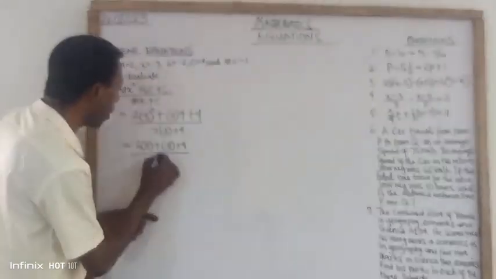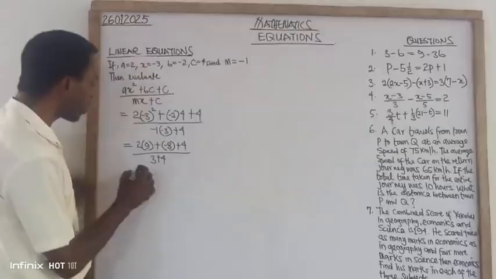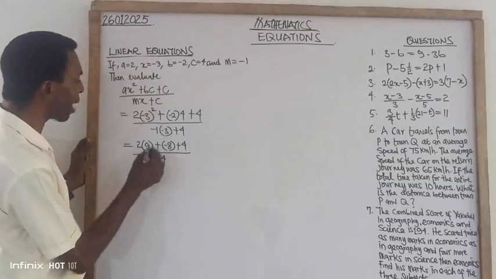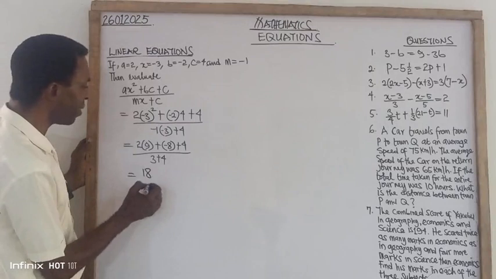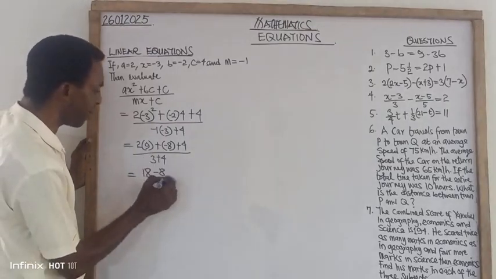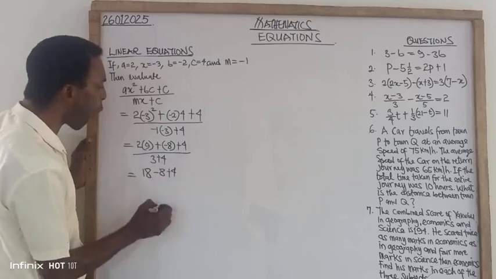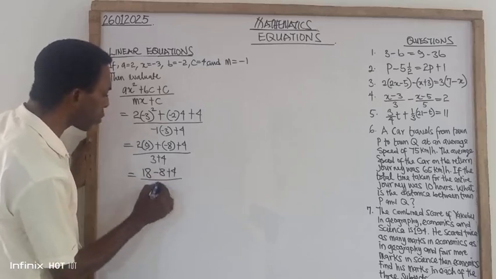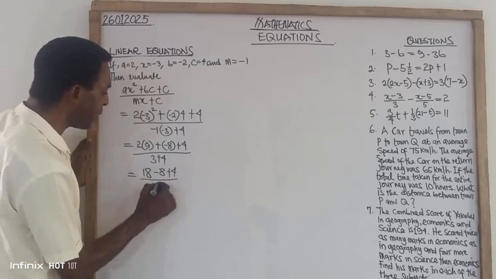So we have 3 plus 4. The next step is 2 times 9 will give us 18, plus minus 8 will give us minus 8, then plus 4, all over 7.